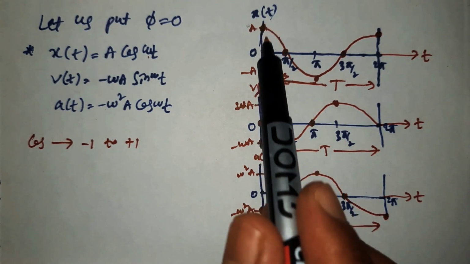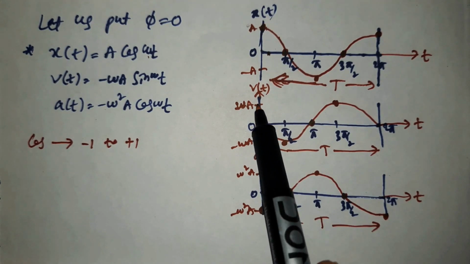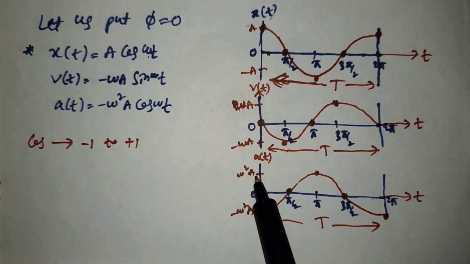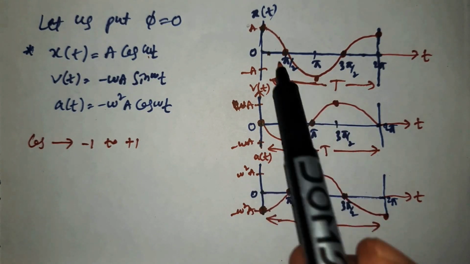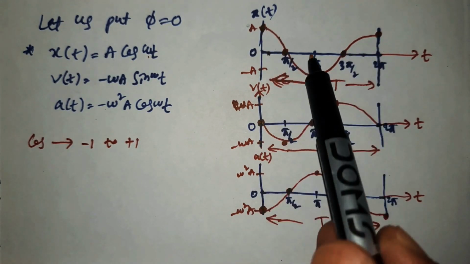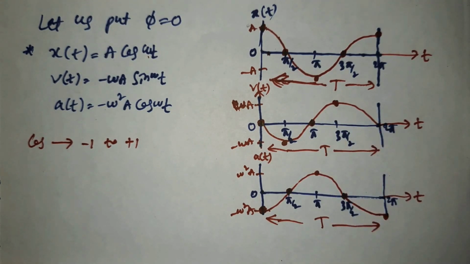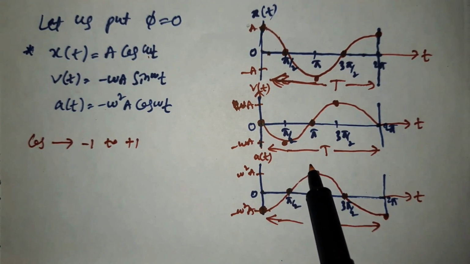So here amplitude is a, here amplitude is omega a, here amplitude is omega square a, but they have different phase constant. They have different phase.